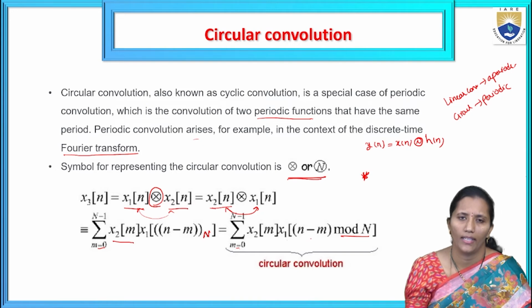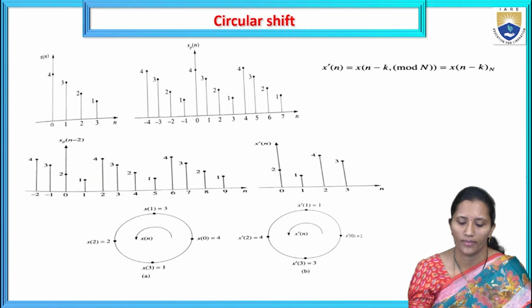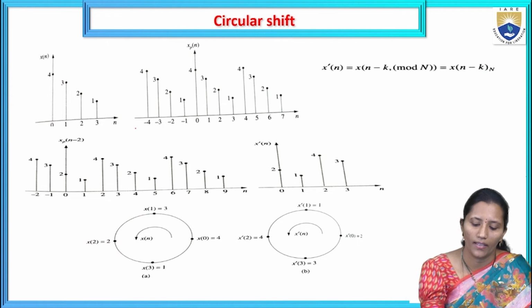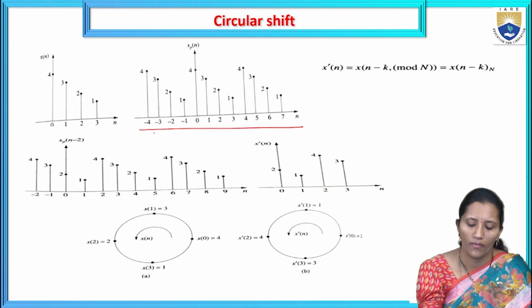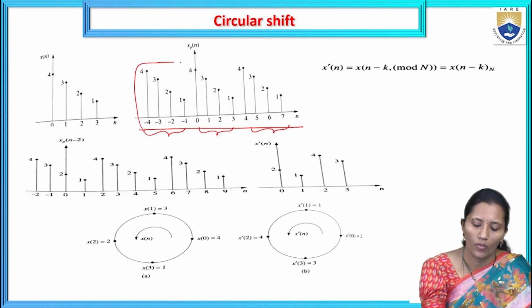Before going into detail about circular convolution, we have to know what modulo n is, what circular shifting is, and how we have to rotate the circular sequence. For example, I am taking x of n, a periodic signal, where every fourth sample the same sequence repeats. I am taking only the periodic samples 4, 3, 2, 1.